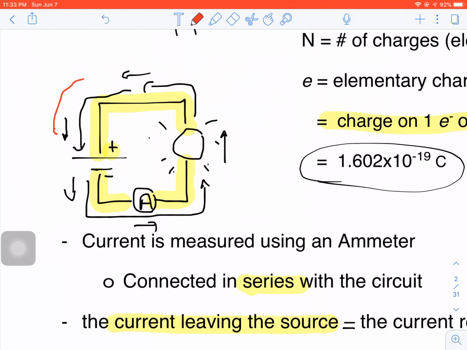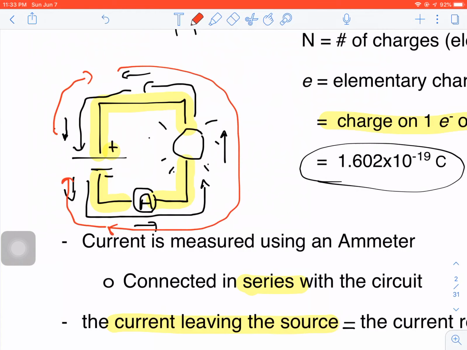They would be going this way because they would want to leave the positive terminal and be pulled towards the negative terminal, and they would flow this way. So that is totally contradictory, or opposite, to what we're looking at when we say electrons are moving or negatives are moving.